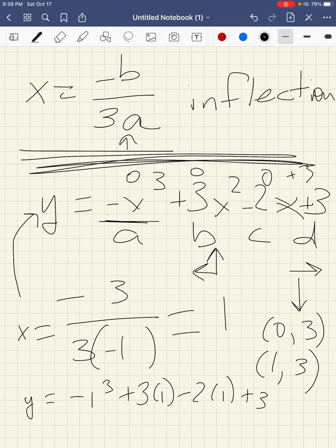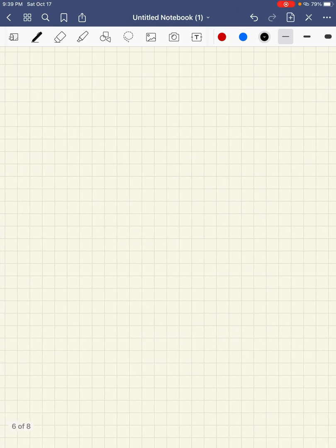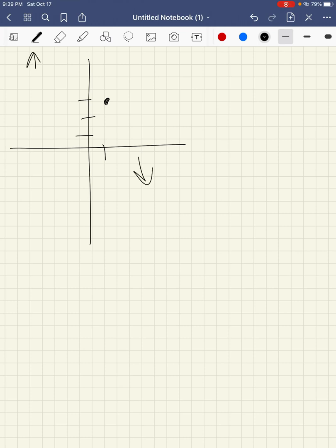Okay, so let's see what it could look like. We know the point of inflection was at 1, 3. We know the graph is there. We know that it's going down in this direction, and it's going up in this direction. There's several different things.